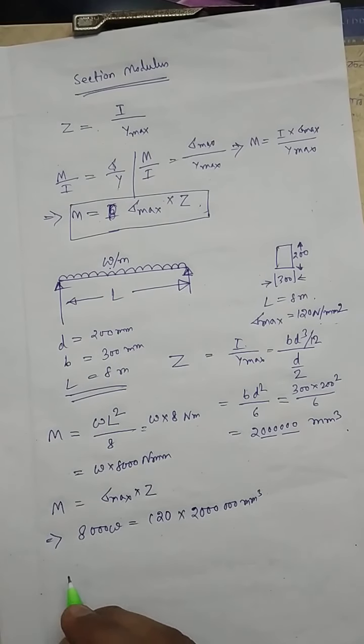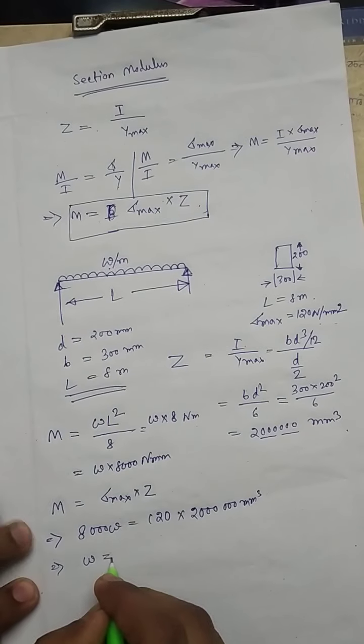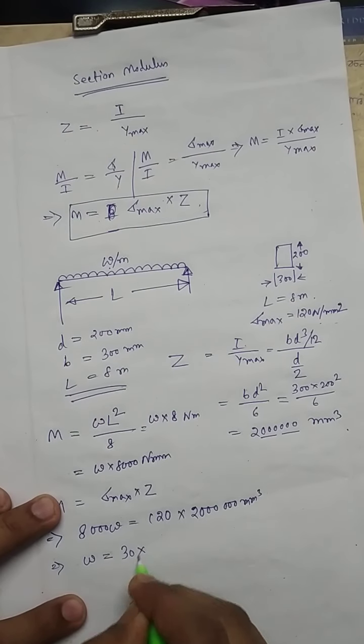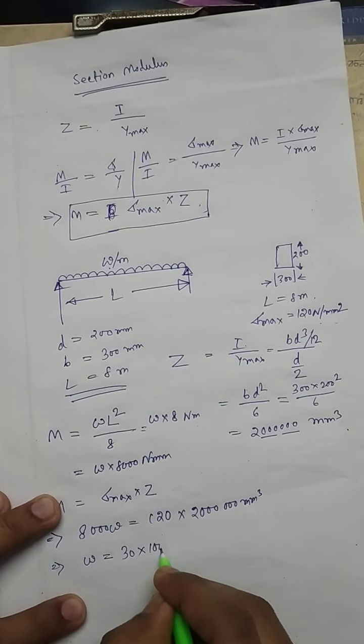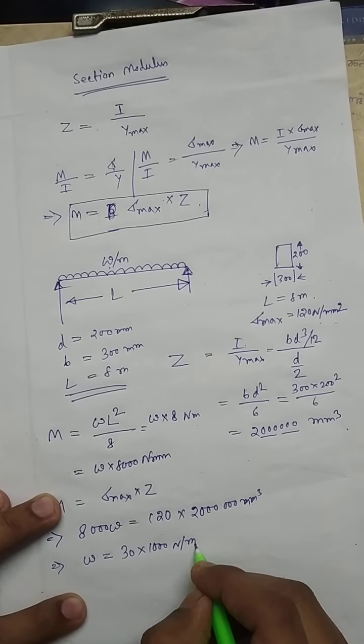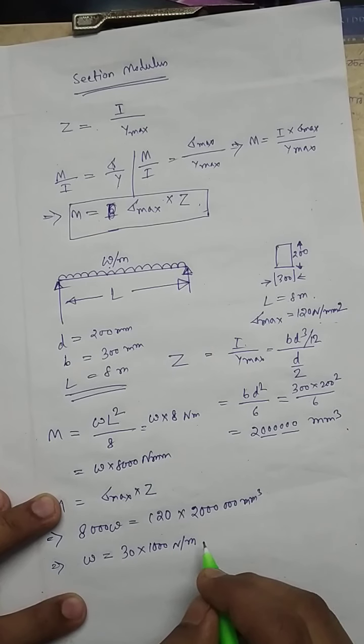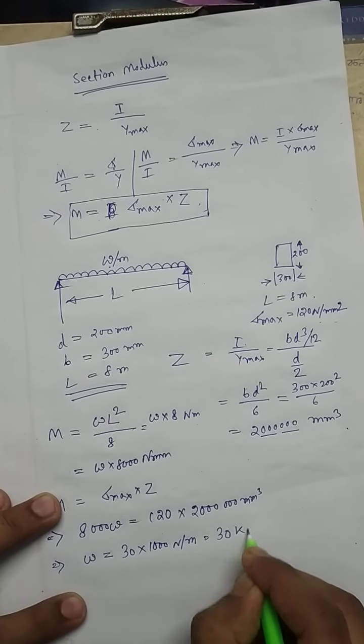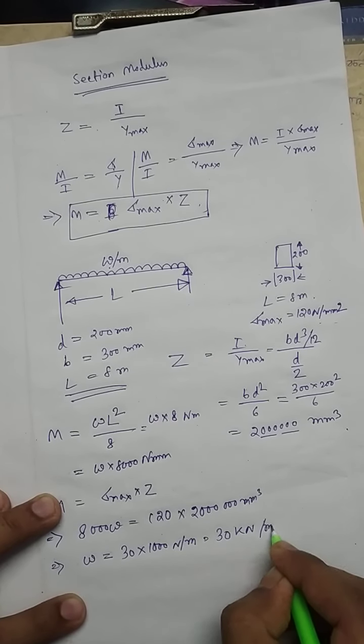So W is equal to 30 into 1000 Newton per meter, or 30 kilonewton per meter.